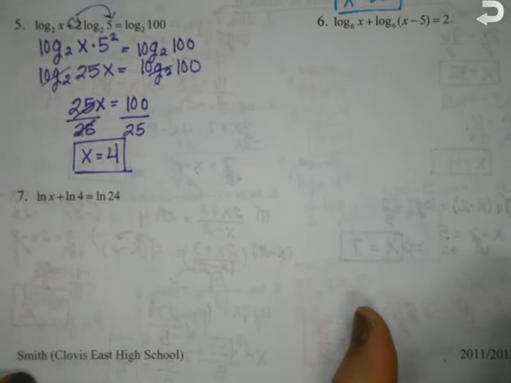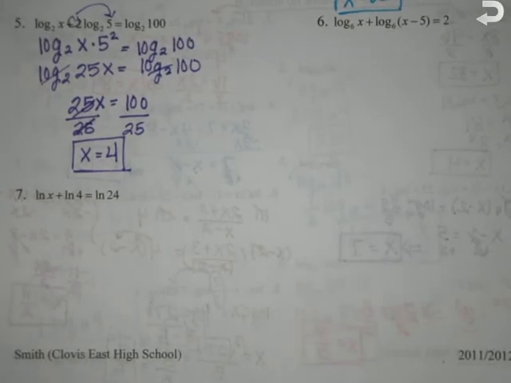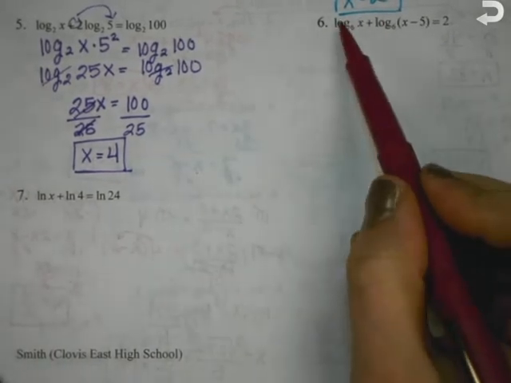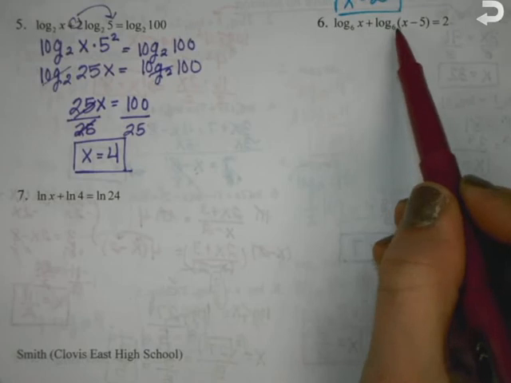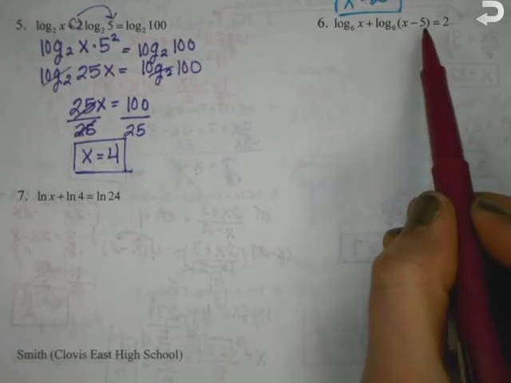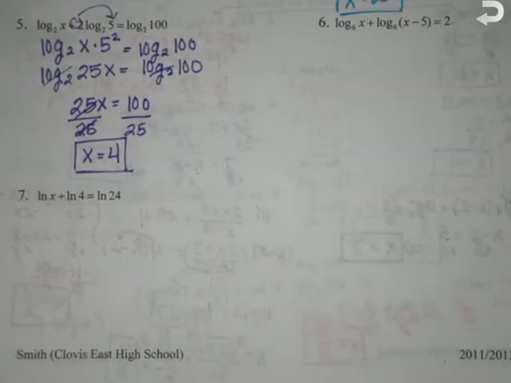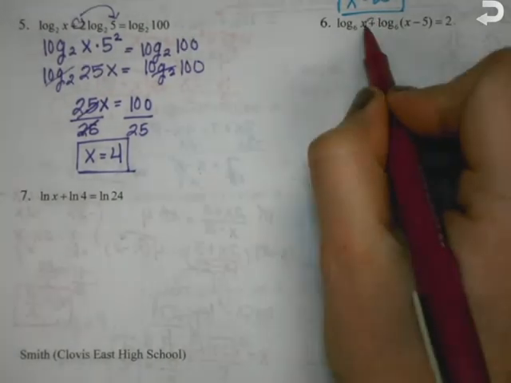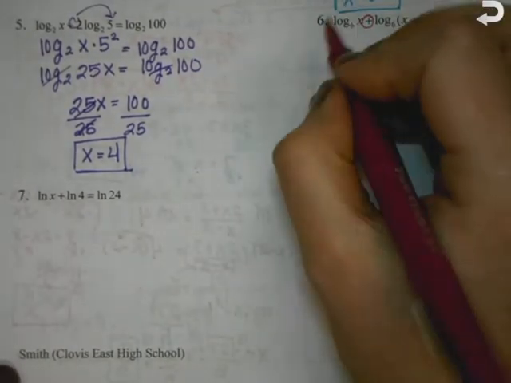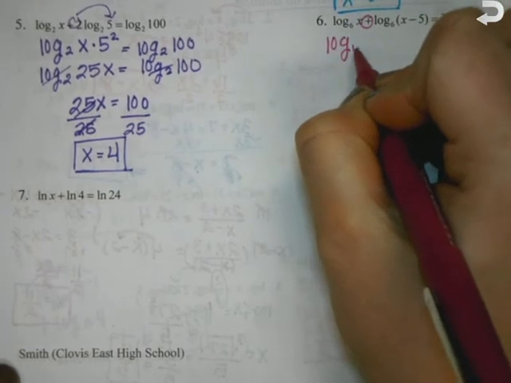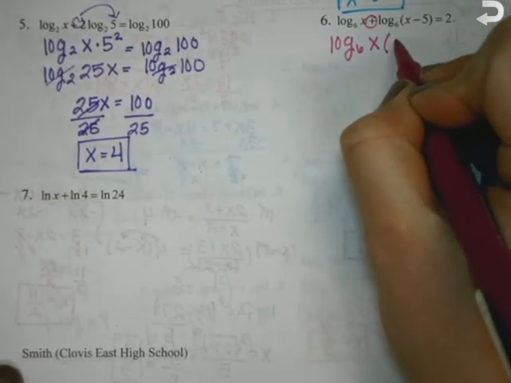Moving right along. Log base 6 of x plus log base 6 of x minus 5 equals 2. What do you guys see here? It's a product rule. There's that plus, right? So this is log base 6 of x times x minus 5 equals 2.